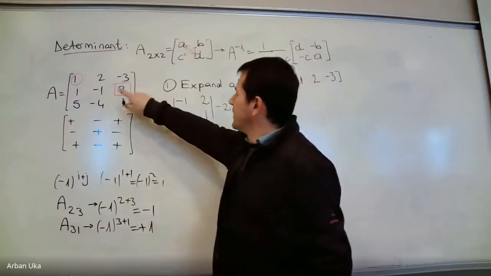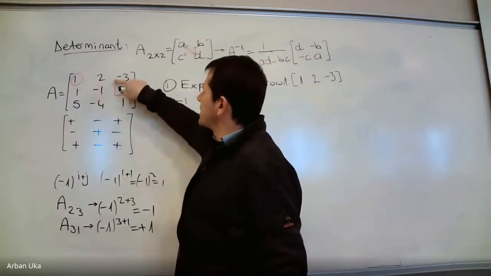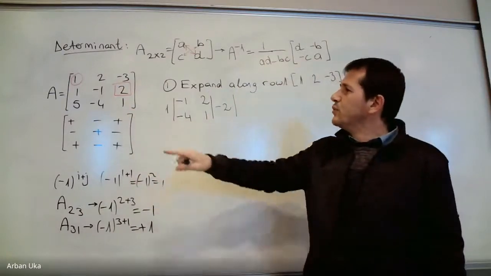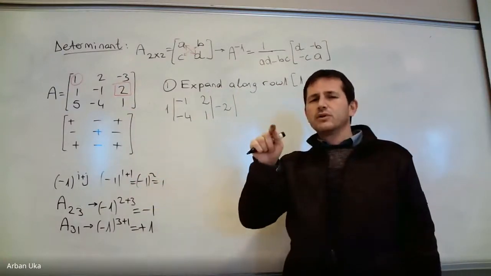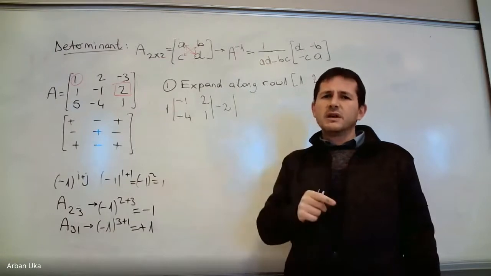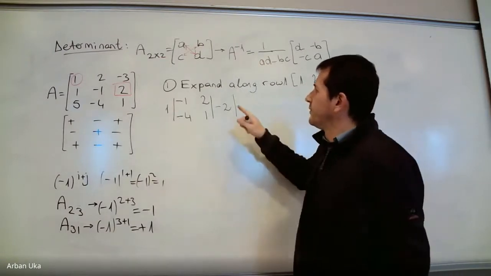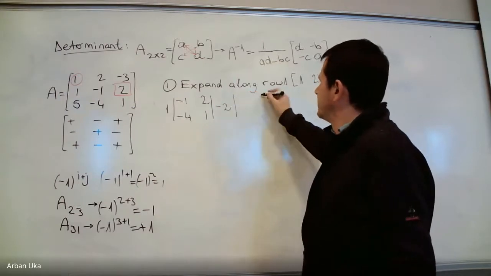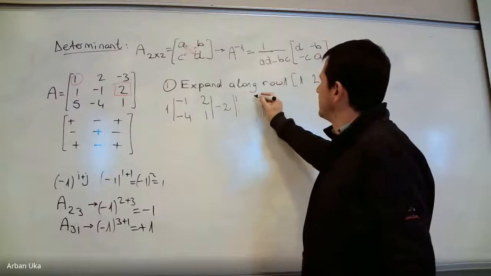The 2 is in the first row, second column. So what remains from matrix A if we remove the row of this number 2 and the column of this number 2? 1, 1, 2, 5, 1.